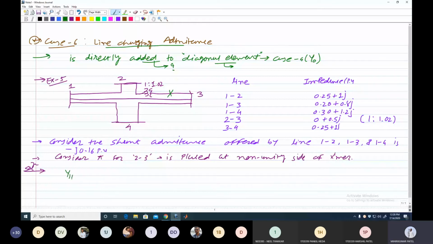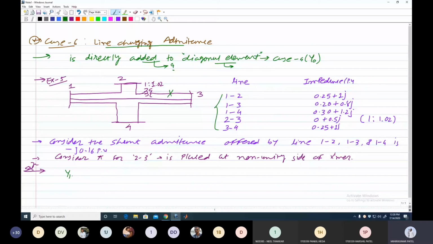But before that, all these are given in impedance, so you have to calculate the admittance offered by each transmission line.